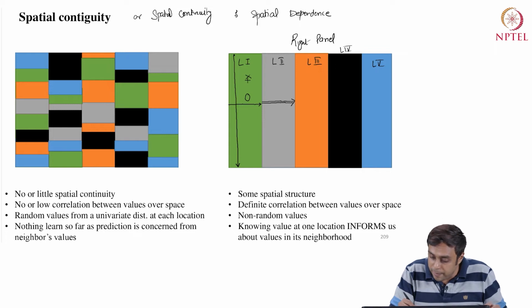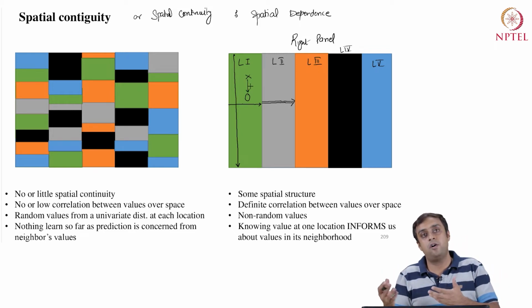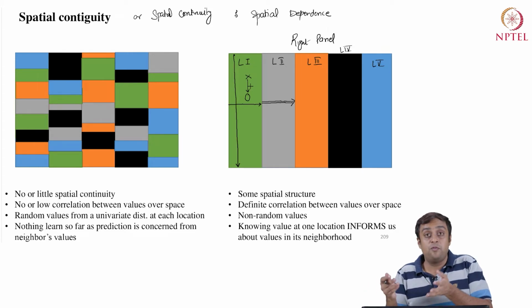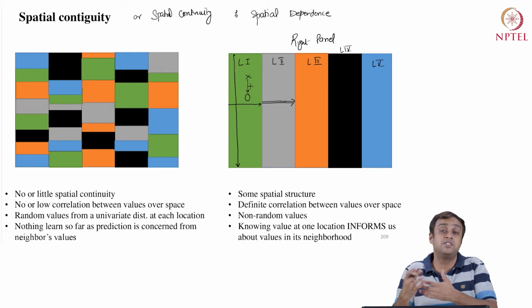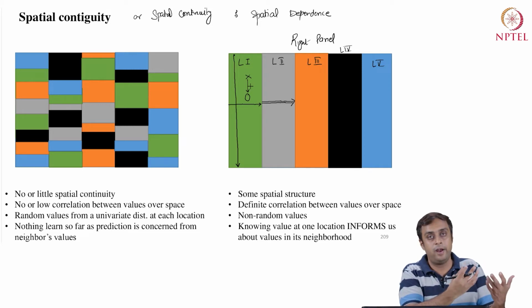So spatial dependence, as categorized in the figure on the right hand side, the right panel, is providing me an opportunity to utilize the fact that the data are spatially dependent in a given structure to then predict unknown values from observed or sampled values, right?